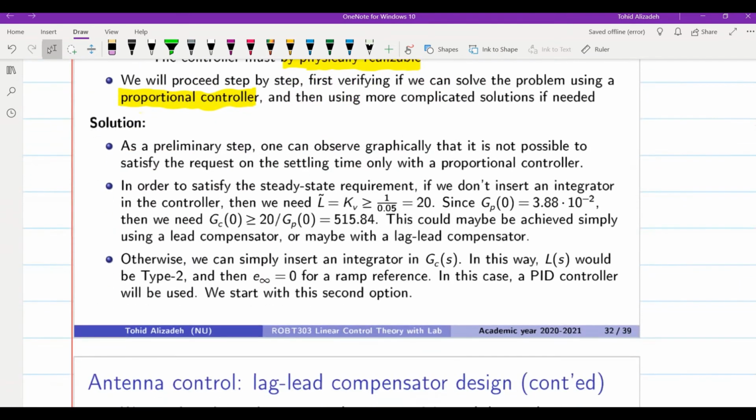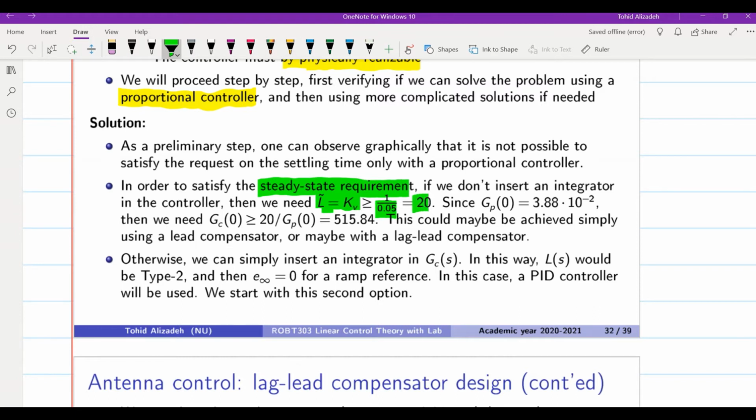On the other hand, in order to satisfy the steady state requirement, which is on the steady state error for the ramp input, we need to have L tilde, which is equal to KV, bigger than or equal to 1 over the desired steady state error, which is equal to 20.